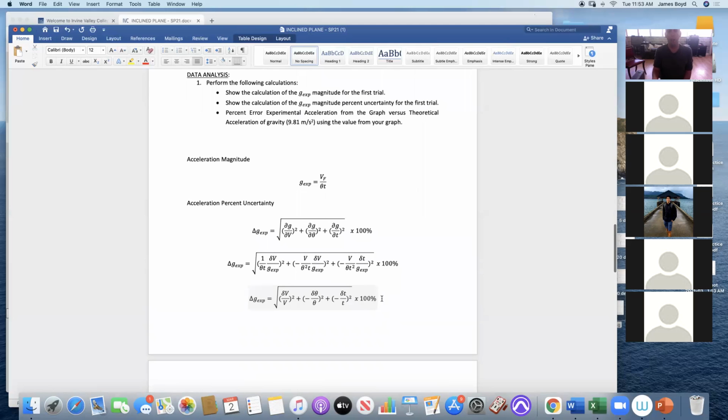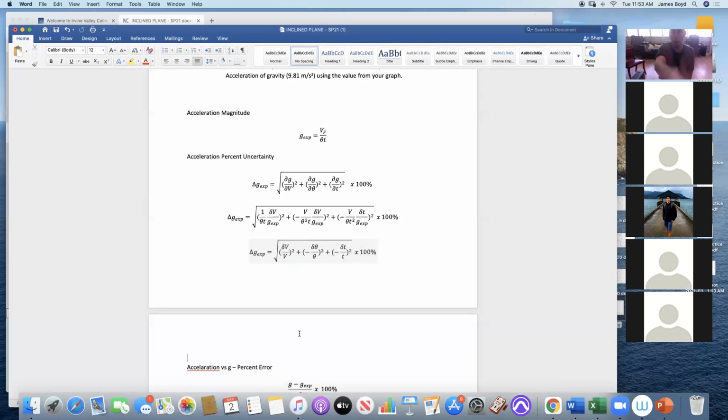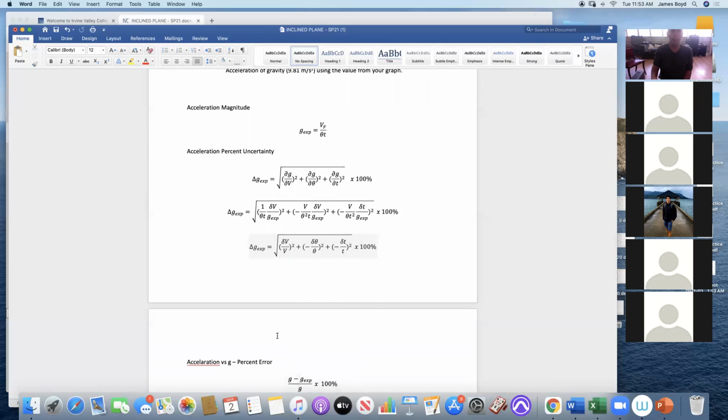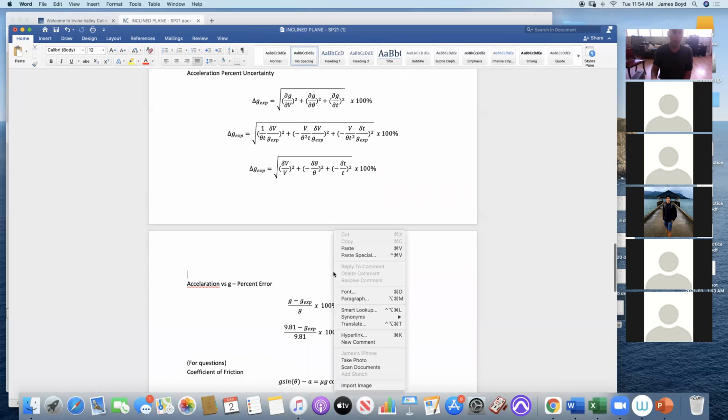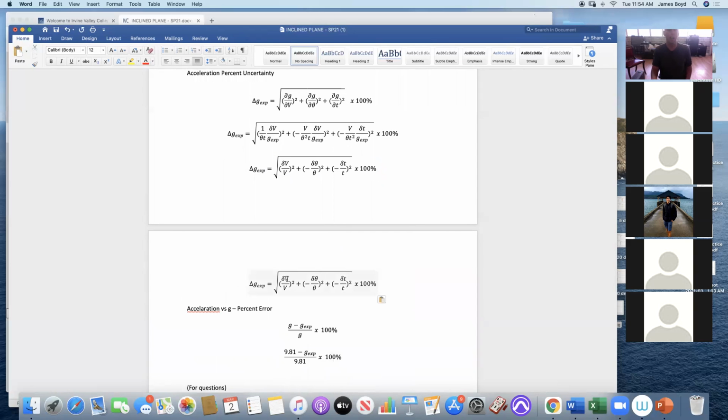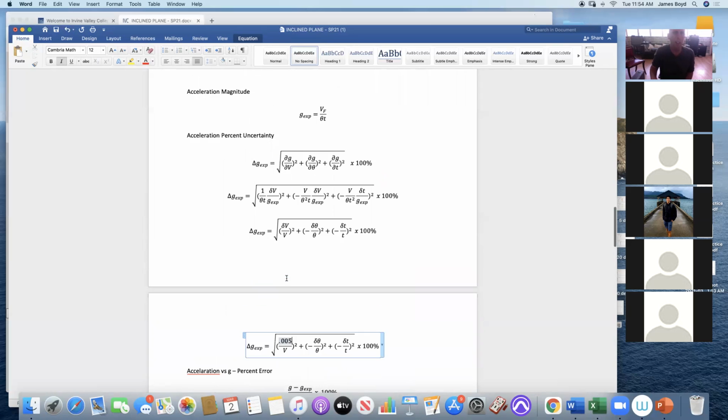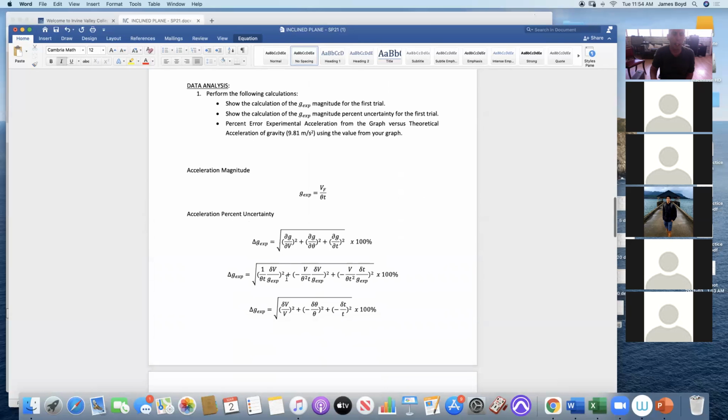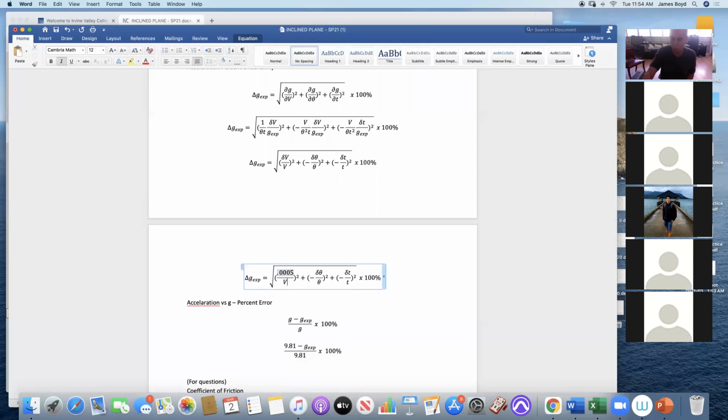So we can do this. Copy and paste all of those here, but then copy and paste again the final equation here. Why are, oh, because it's trying to do the header, huh? Now, my delta V was 0.0005, and V was 0.460.